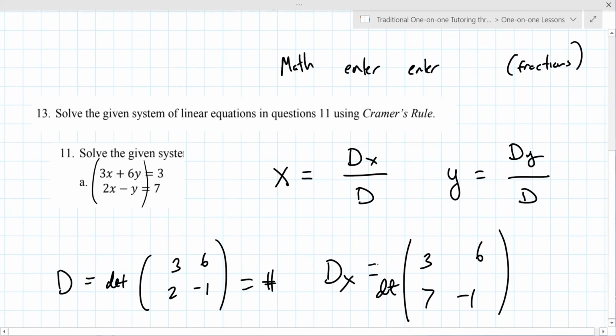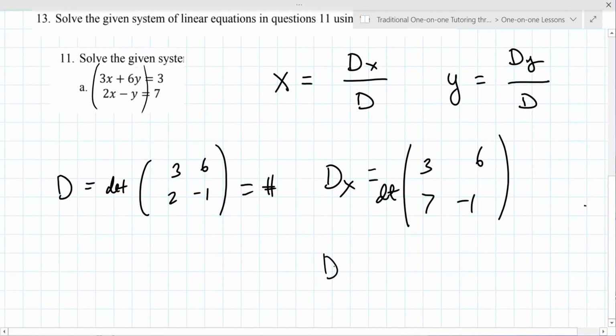Gotcha. And then I find the determinant of x and y. Yes, and then you do the same thing for dy. Instead of the y's, you use the right hand side. So it's 3, 2, 3, 7, and you get the determinant of each of these.